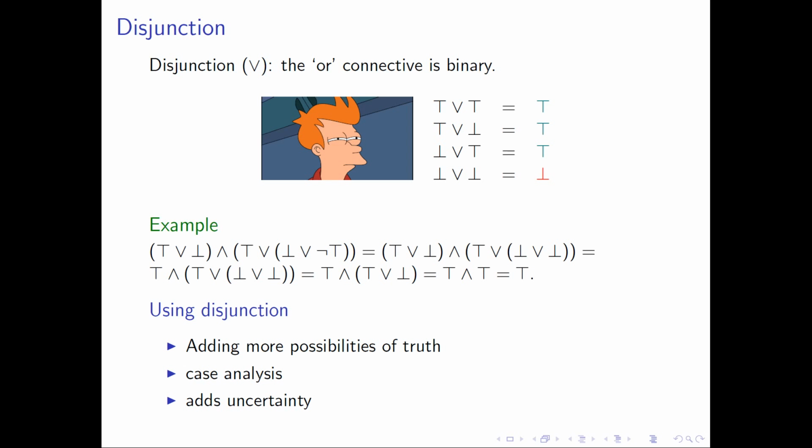If you have many different possibilities that can be true under a disjunction, you can look into each one of these and see which one is true. Disjunction can also be used to add uncertainty. Having a disjunction between the left-hand side and the right-hand side, you don't know which one is true, even if you know the whole thing together is true.